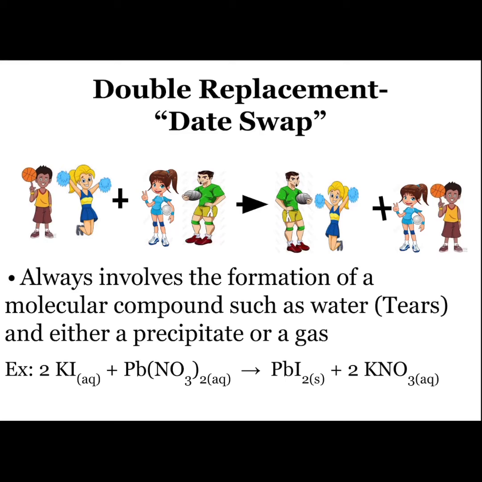The only thing that happened was the K and the Pb, which are my two metals, just swapped places. That's all that's happening. It's really not too complicated, okay? Remember the little aq at the bottom? That means aqueous, so that means it's dissolved in water. S is for solid.